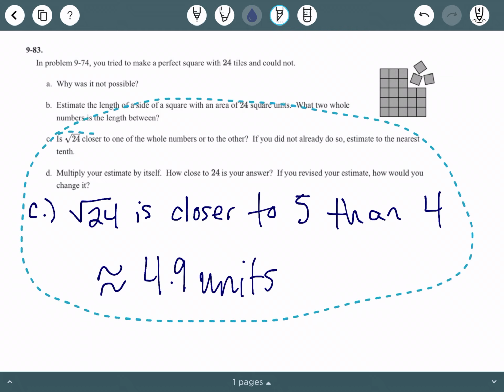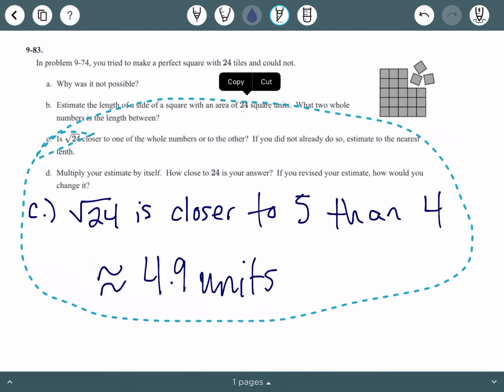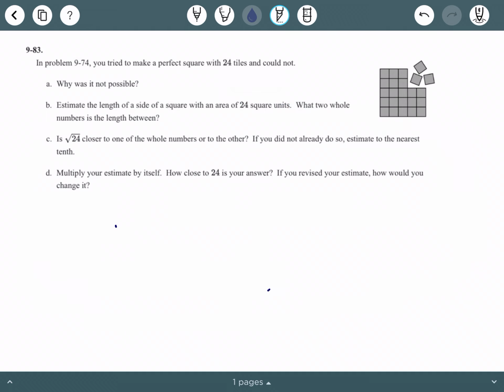All right, our last part D, tells us to multiply our estimate by itself. How close to 24 is your answer? If you revised your estimate, how would you change it? All right, so what we're doing is we're taking our estimate of 4.9 and multiplying by 4.9.